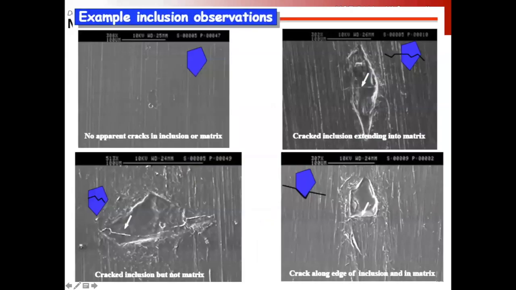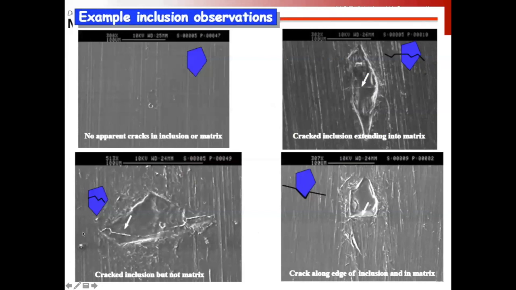right? No apparent cracks, right? So here we've got an inclusion where the inclusion is cracked. So this is some kind of brittle foreign particle, and that is beginning to extend into the matrix.